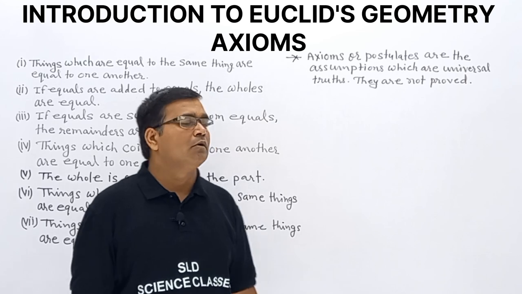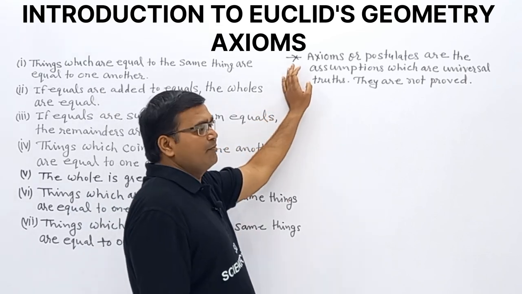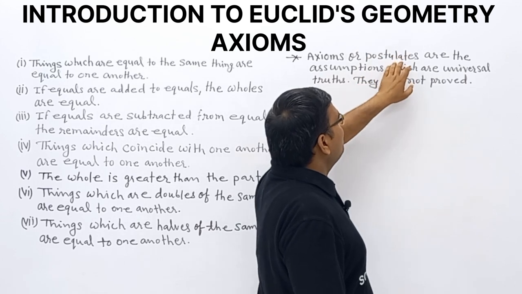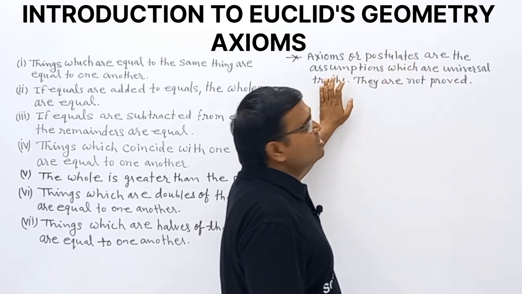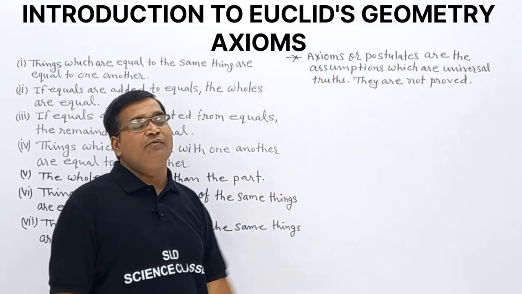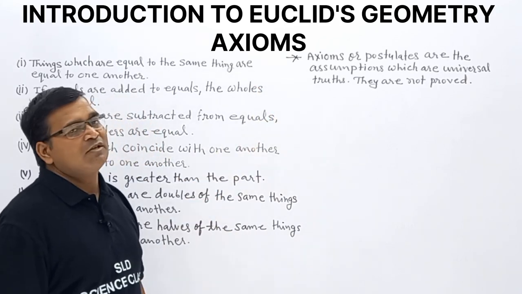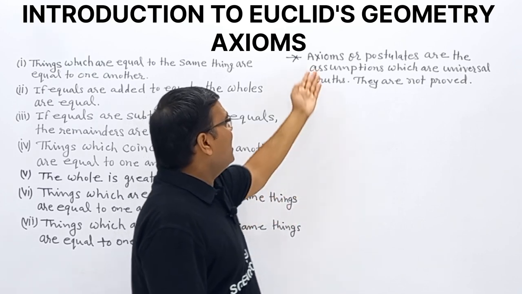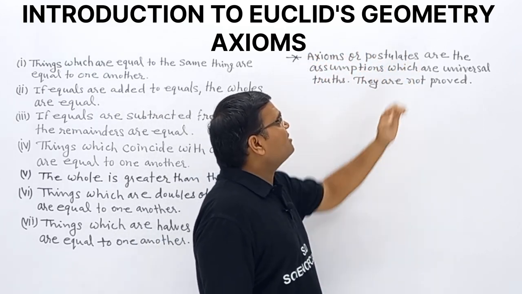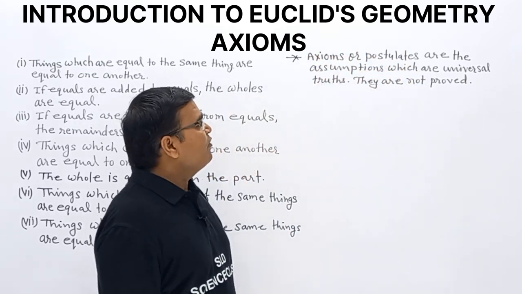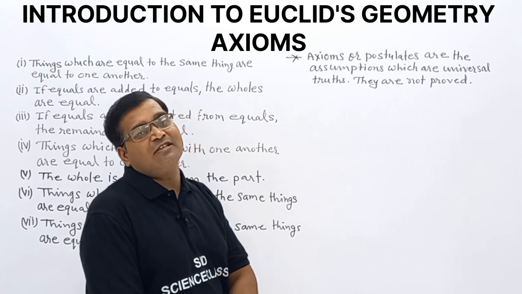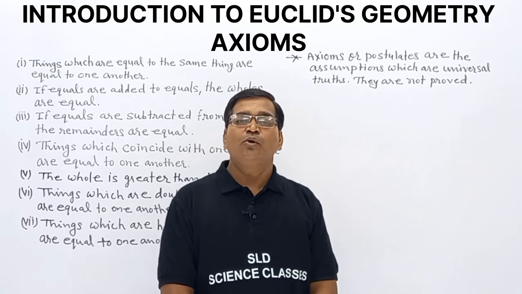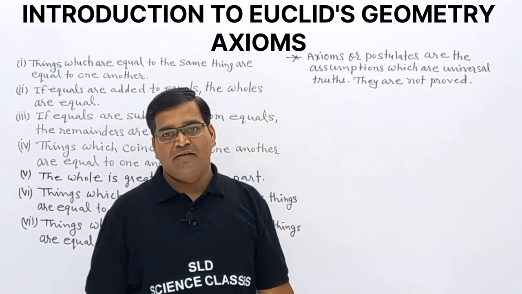First, we should know the meaning of axioms. Axioms or postulates are assumptions. We'll discuss postulates later, but in this class I am taking axioms. Axioms or postulates are assumptions which are universal truths.